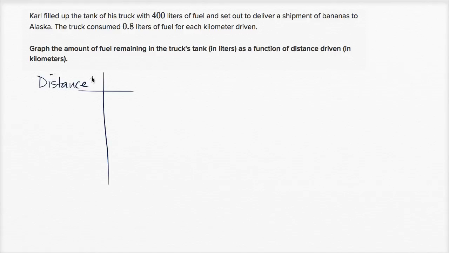Distance in kilometers, and then you have fuel in liters. And we already figured out that right after he filled up his tank, but before he set out on his trip, at distance 0 kilometers, he had 400 liters of fuel.